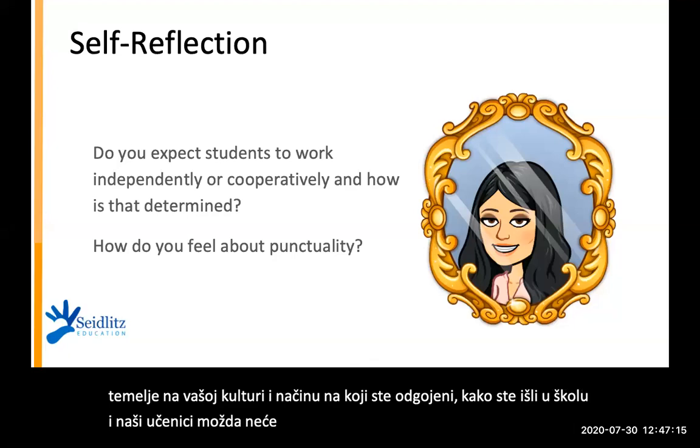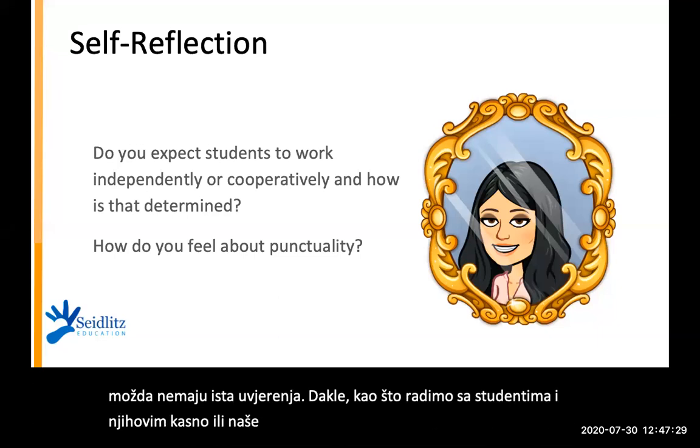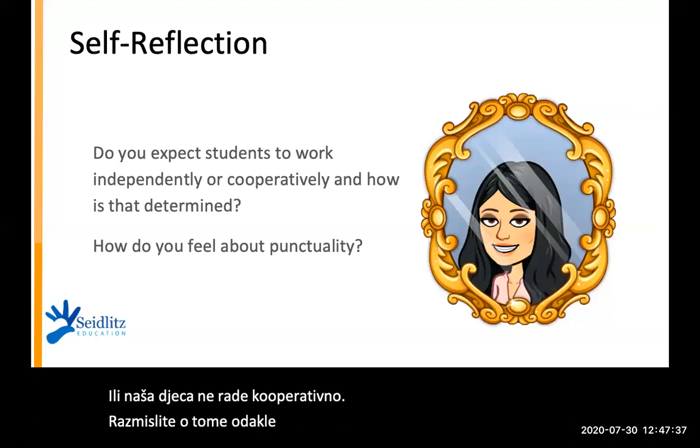Our families may not have the same beliefs. So as we're working with students and they're late, or our families are late to a parent meeting, or our kids are not working cooperatively, think about where they're coming from and why they may not be doing what we think they should be doing.